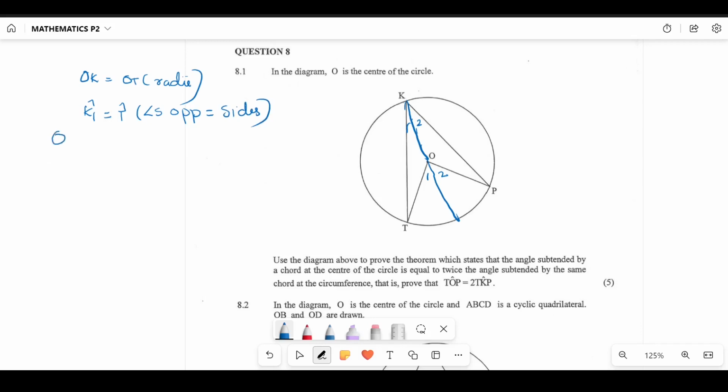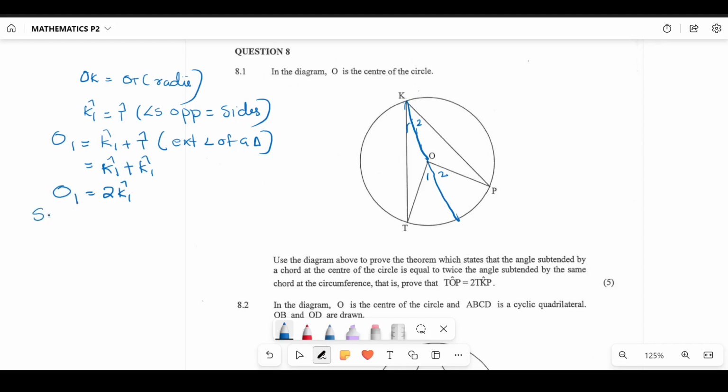Now angle O1 equal to K1 plus T, because they are exterior angle of a triangle. But K1 equal to T1. So this is K1 plus K1, which is 2K1. So what we found is O1 equal to 2K1.